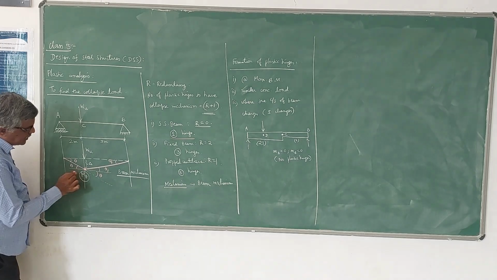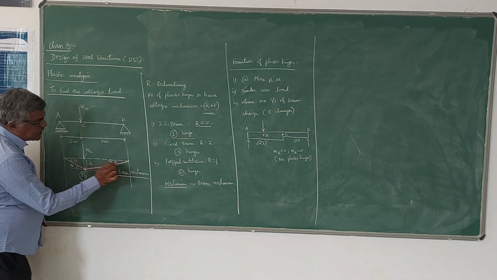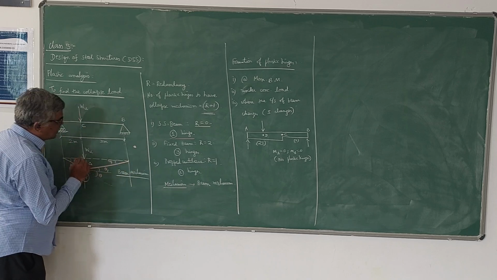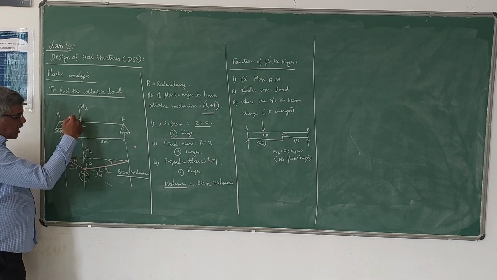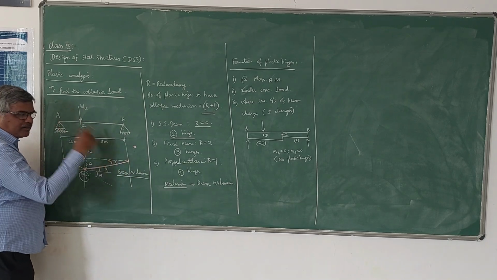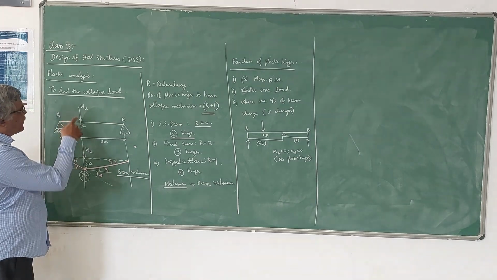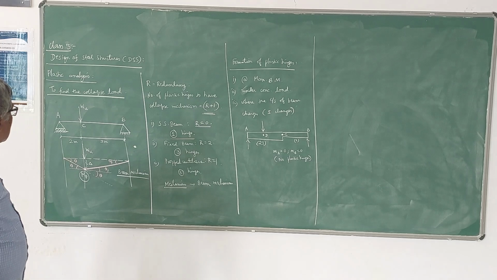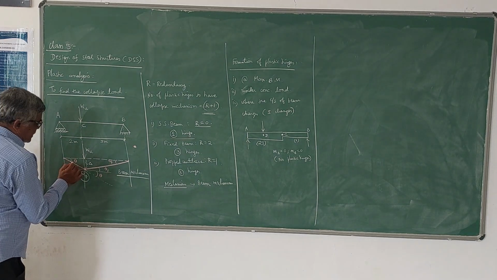At A there is no plastic hinge, at B there is no plastic hinge. A plastic hinge is denoted by a dot like this. Only at C it forms, and the mechanism will be like this. Now since the load is not acting at the center, you have different angles here.